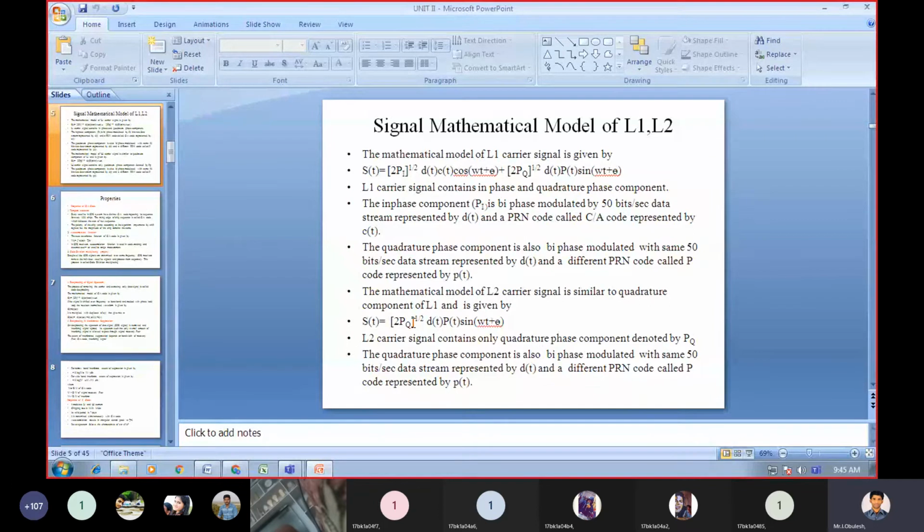The mathematical model of L2. The mathematical model of L2 carrier signal, which is similar to the quadrature component of L1, is given by S of t equals square root of 2 P_Q times D of t P of t sin(omega t plus theta).